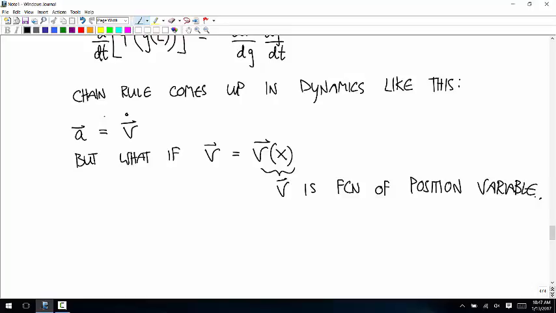Like if we're given that, as the thing moves along the x-axis, the velocity is x squared for the x component, negative 2x for the y component. We can't take time derivatives directly because we don't have it expressed in terms of time, right? So it looks like a problem, but this is a really slick little trick that's going to come up over and over again.